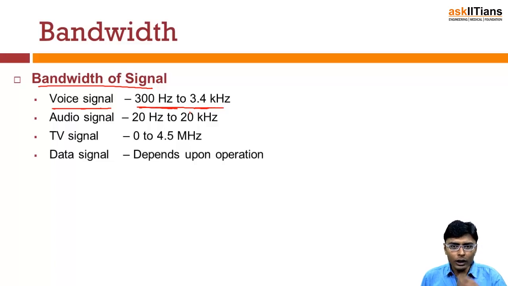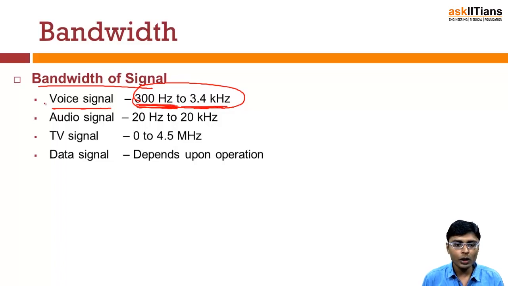Whatever I am speaking is made up of different frequencies lying in this range. If you analyze the signal in the frequency spectrum of this voice signal, you will find all the signal components lying between 300 hertz to 3.4 kilohertz.